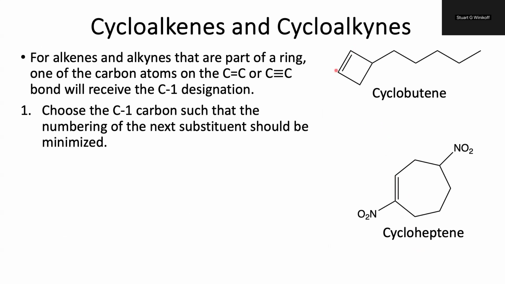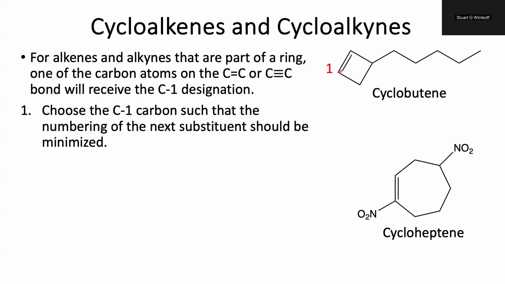So we're going to choose the C1 such that the numbering of the next substituent should be minimized, keeping in mind that the priority will always go to giving the other half of that double bond the 2 designation. So for example, if I'm looking at cyclobutene, I know that the 1 position will go either to here or here.